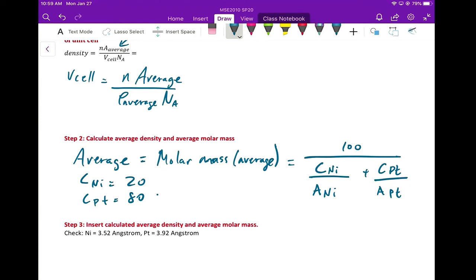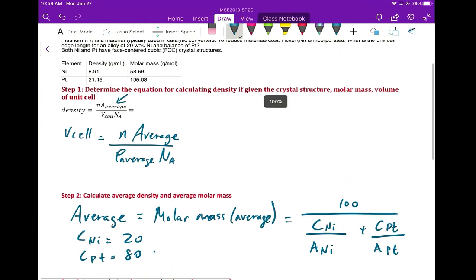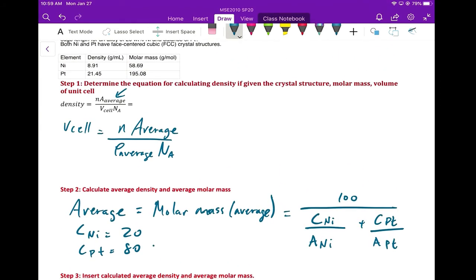I'm going to scroll up, so everybody stay with me. I'll scroll back, don't worry. A Ni is just this, and this is A Pt, okay? All right.